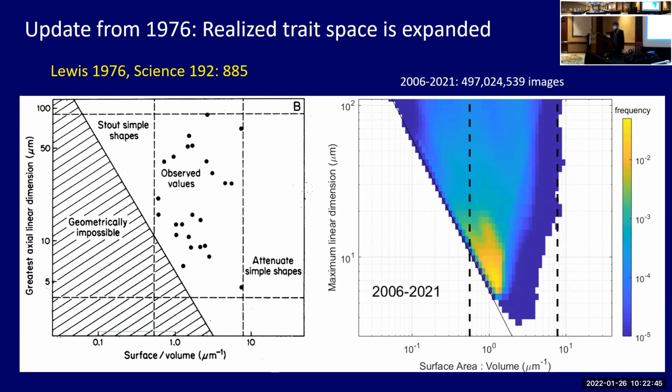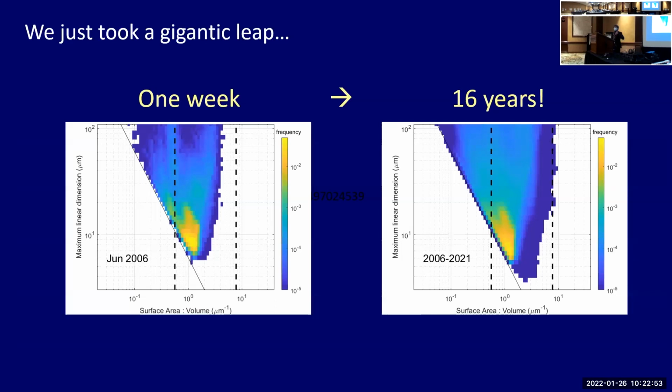So the range of surface area to volume is constrained, but not as narrowly as Lewis thought. All right, I just made a huge leap. I went from 1 week to 16 years. Of course, there's a whole bunch of fascinating information in between.